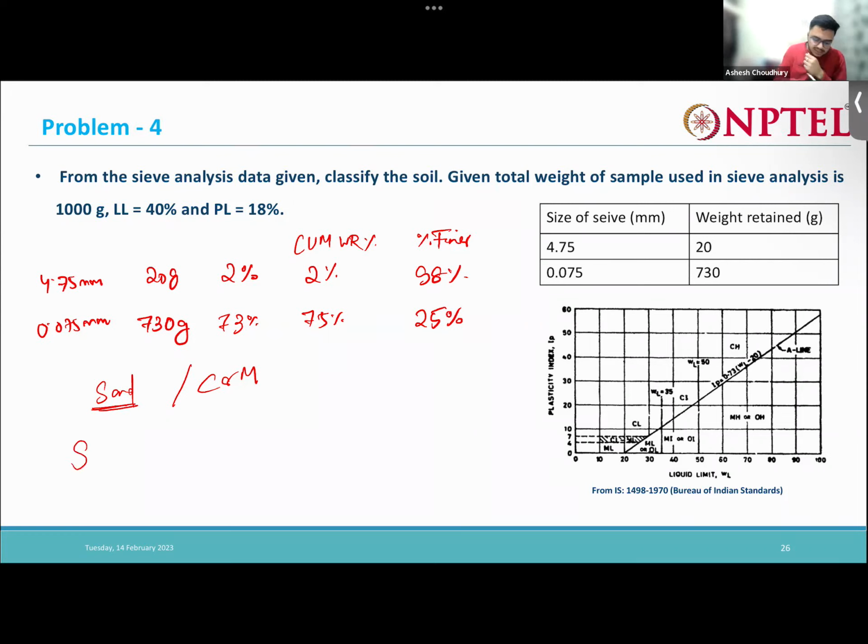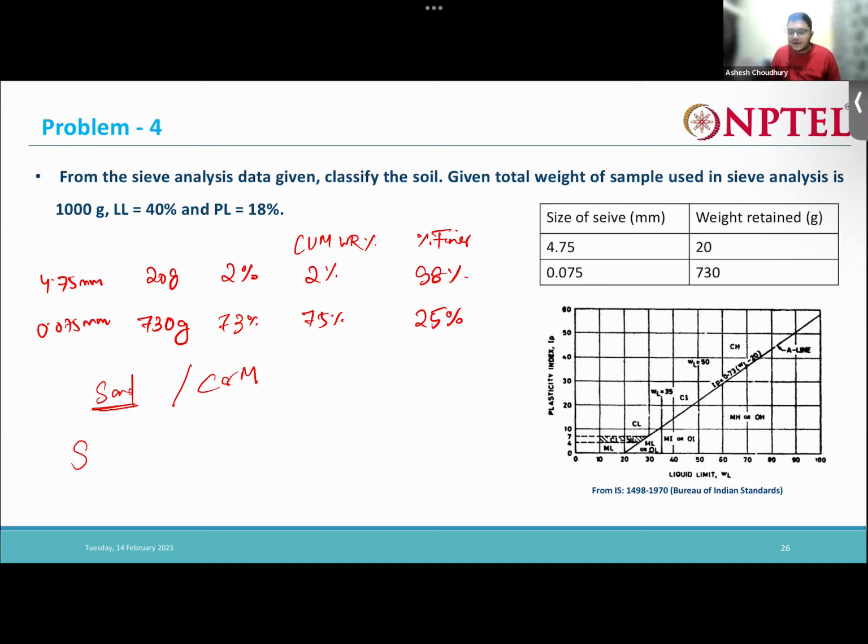So the first part is fixed. Now tell me, what is the fine fraction here? 25%. Correct. Our 25% is more than 12%.